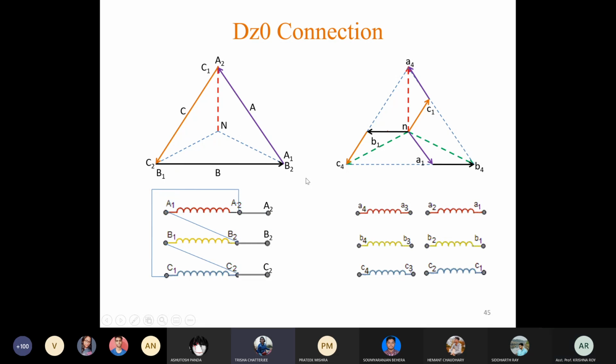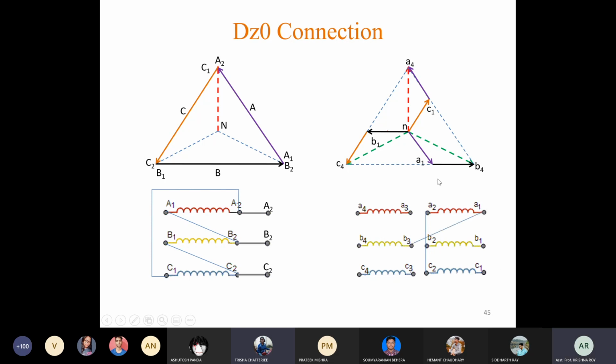Now in the secondary side, first of all we have to short all the two terminals. Then from one terminal we have to connect the three terminals. So C1 to A3, A1 to B3, and B1 to C3.